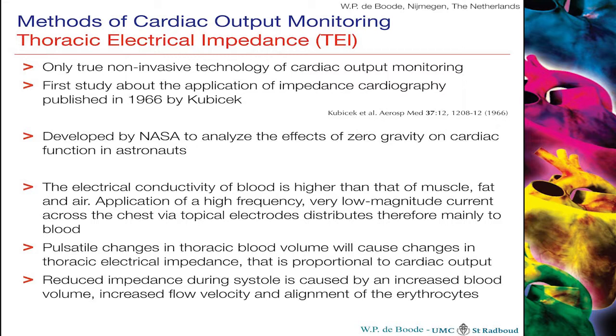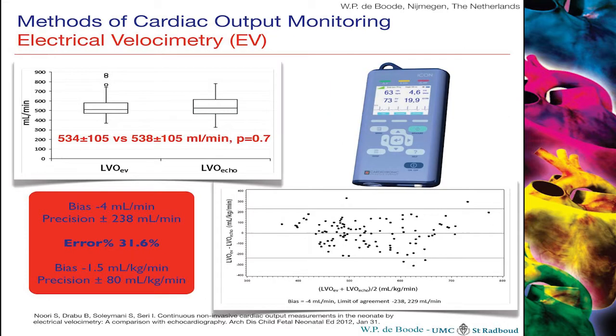And you will get pulsatile changes in the thoracic electrical impedance, and that corresponds with the pulsatile changes in thoracic blood volume. And that can be used to get an impression of cardiac output.